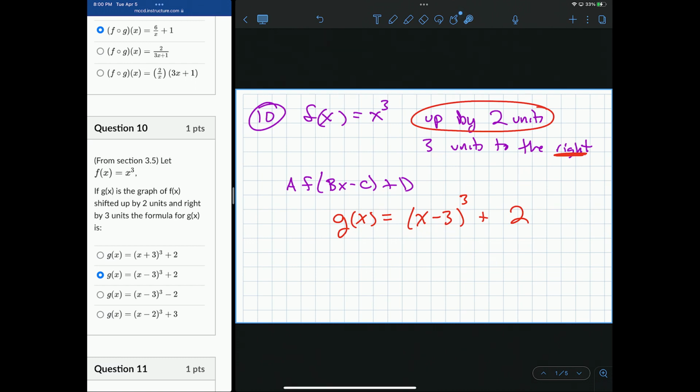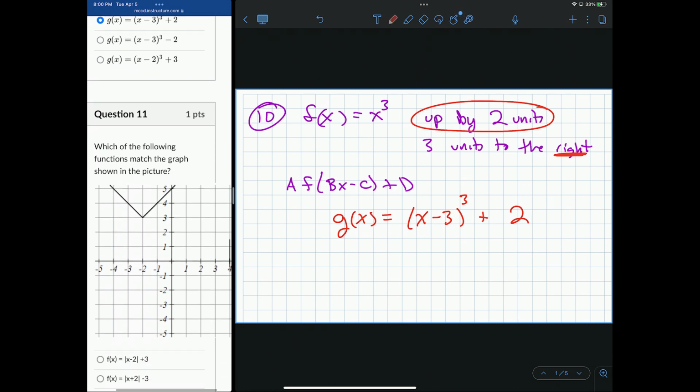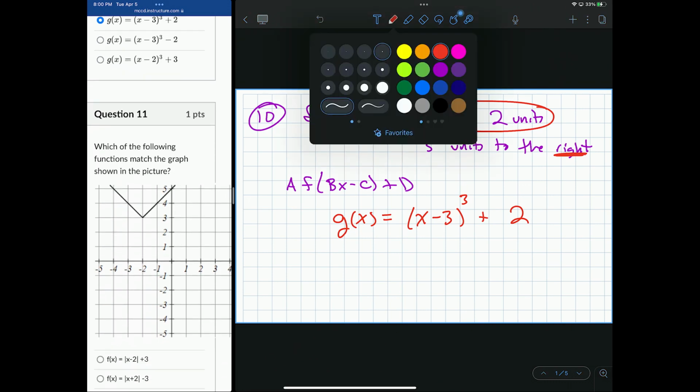And we have a table of what to do in your notes, like what all the different options are for left, right, up, down, stretching it vertically, stretching it horizontally, and so on. But yeah, so minus 3 would move that to the right. So we have the correct option. And let's look at the next one.